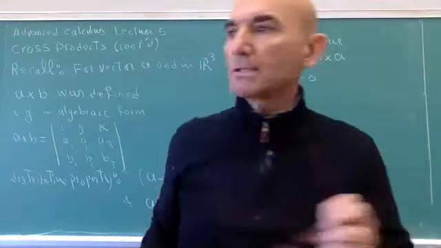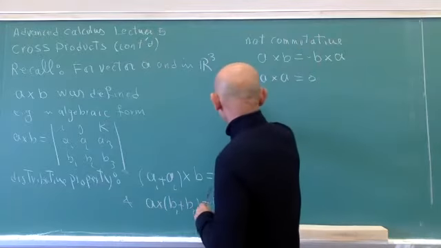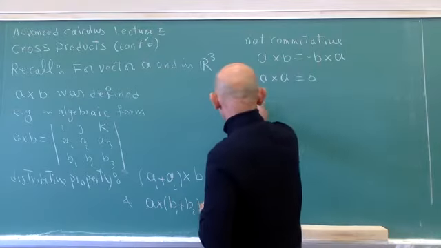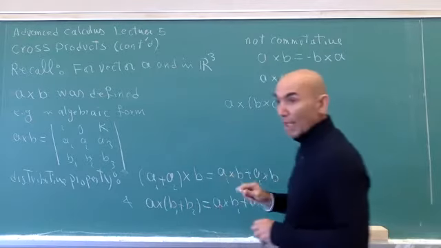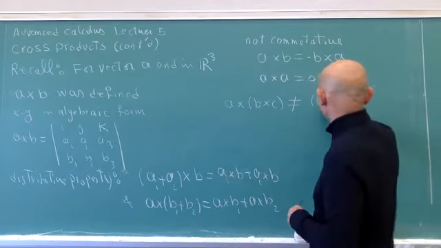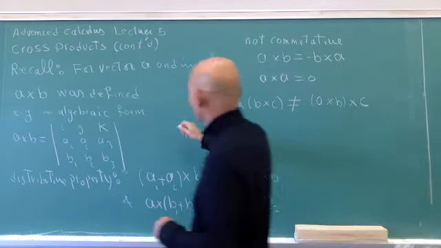Yes, it's not associative. So A cross B cross C need not be equal to A cross B, cross C.